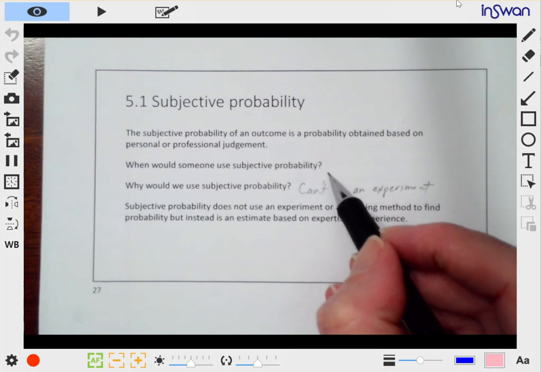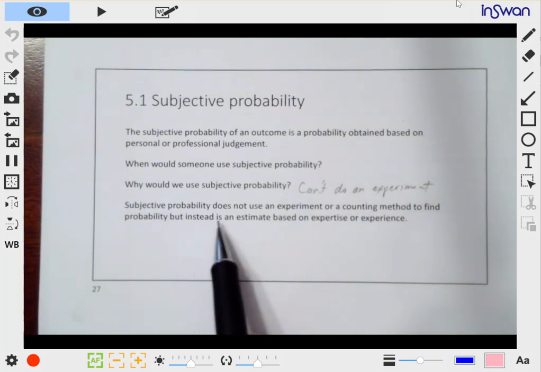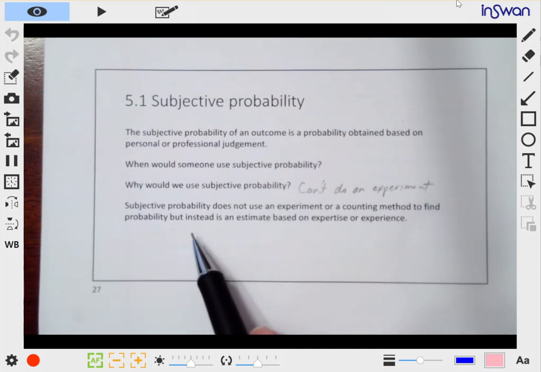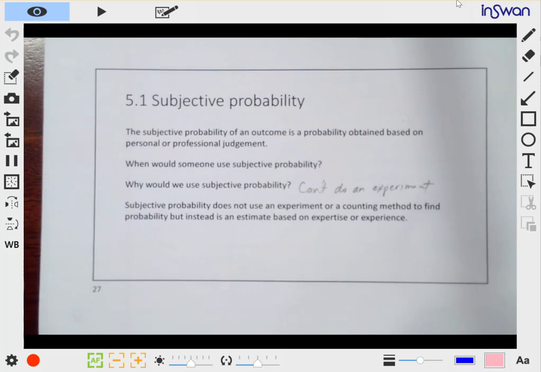There's a lot more factors, and experience is a big part of determining a subjective probability. Subjective probability does not use an experiment or a counting method to find probability, but instead is an estimate based on expertise or experience. Okay, our main focus is going to be on empirical probabilities.